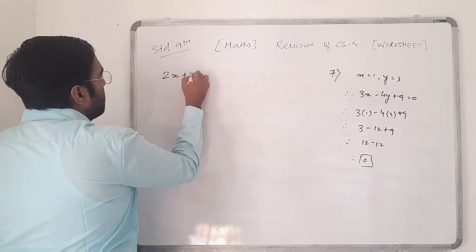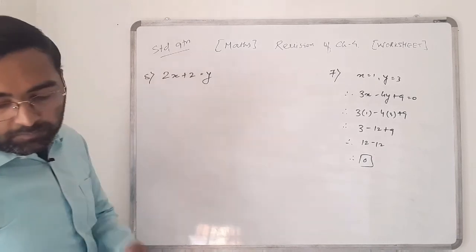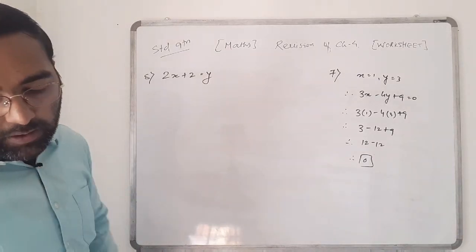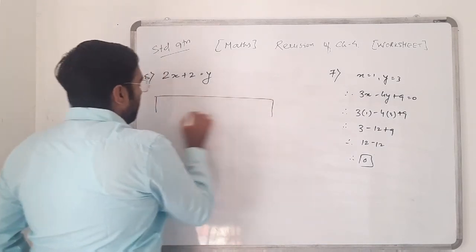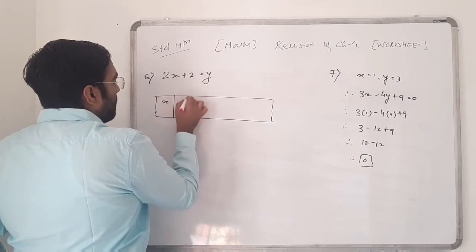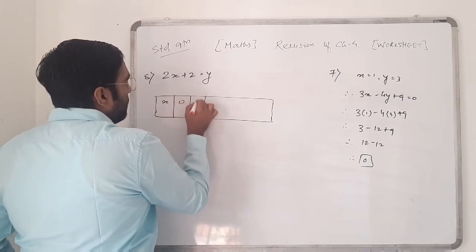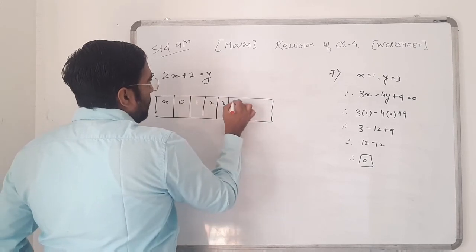Equation given is 2x plus 2 equal to y, and solutions are x equal to 0, 1, 2, 3, 4.